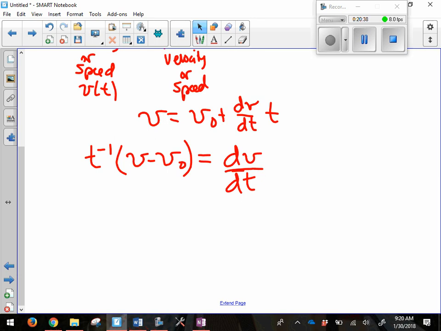Does anybody else want to see 1, 13, or 15? We okay? Because we're going to do an example. We're going to go ahead and do number 18, which will bring a lot of those things together.